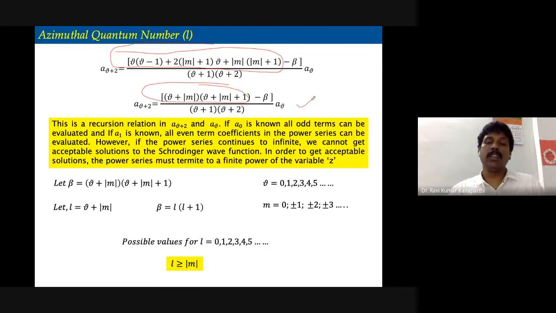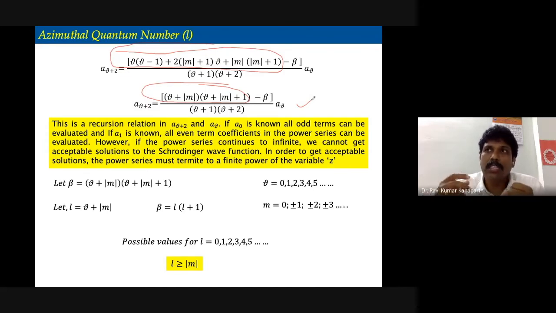So this is a very clear relation. We are already familiar with this type of relation. This is called a recursion relation in terms of a nu plus 2 and a nu. That means that if you know what is a nu, then a2, and if you knew what is a2, a4, and then all the subsequent even terms can be calculated.